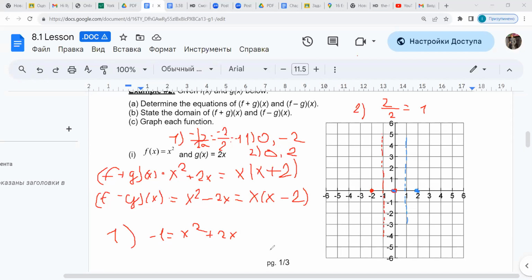Now basically we have to solve it as x squared plus 2x plus 1 equals 0.